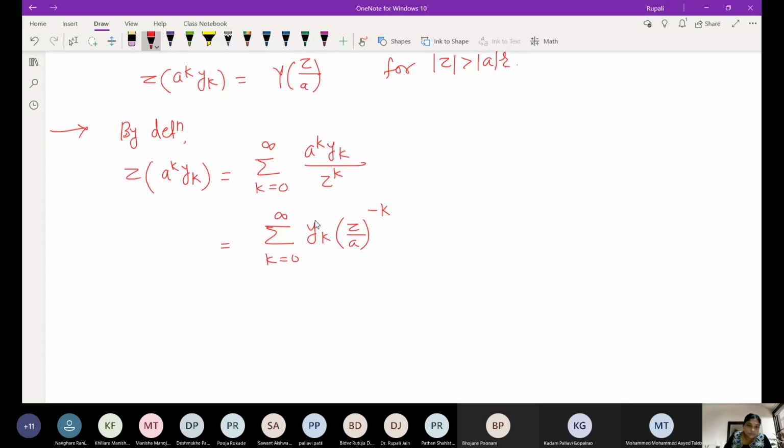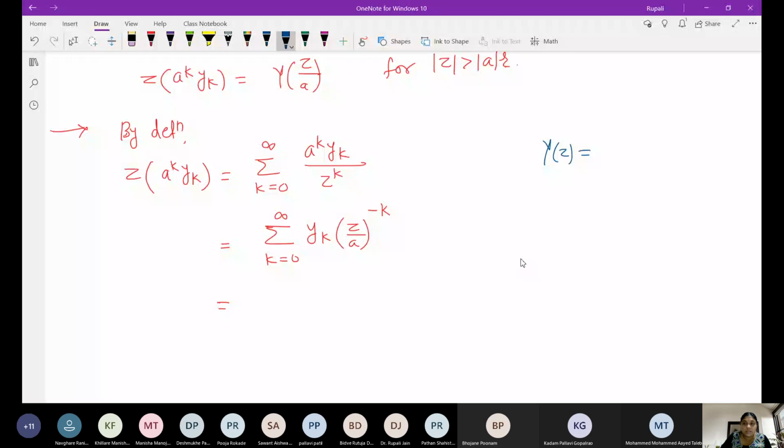So what is this? By definition, what is Y(z)? It is the z transform of yk.